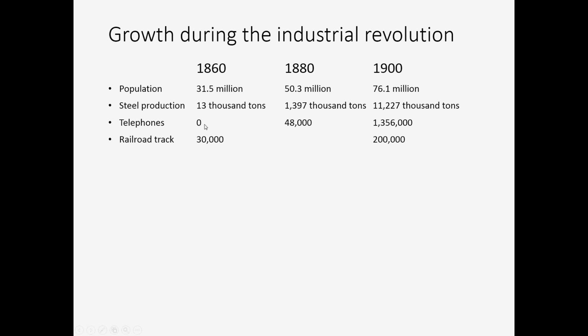Telephones hadn't been invented in 1860, and they were in 1876, and then from 1880 to 1900, you go from 48,000 to 1.3 million. The miles of railroad track went from 30,000 to more than 200,000. So this gives you an idea of the size of this economic phenomenon.